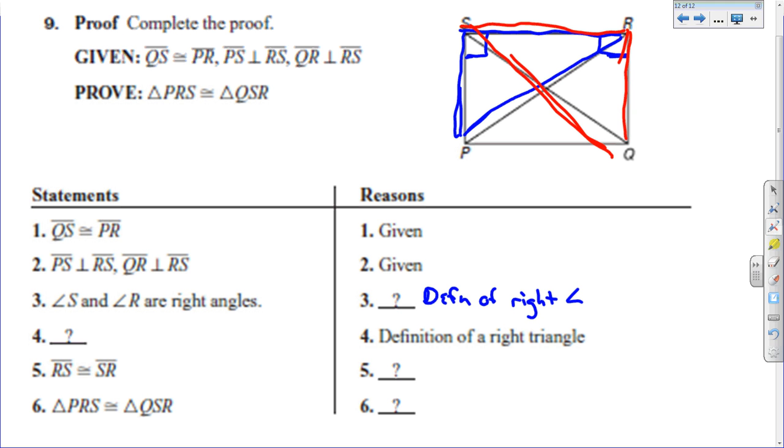And the third side of it would be SQ, like that. Okay, so I know that triangle SRP is a right triangle.